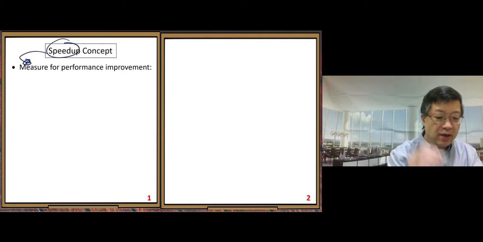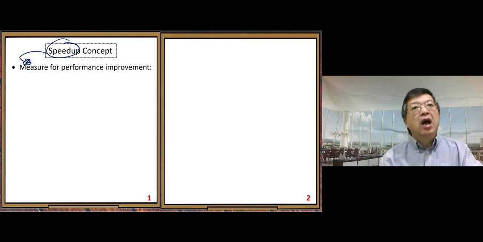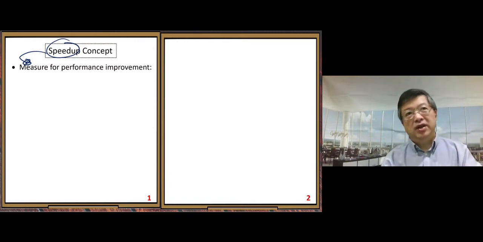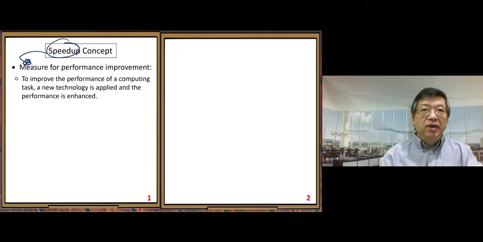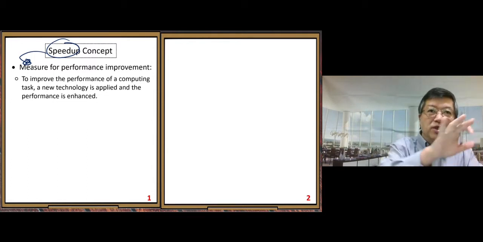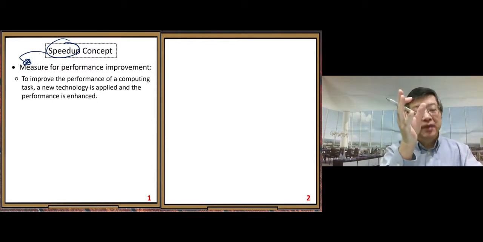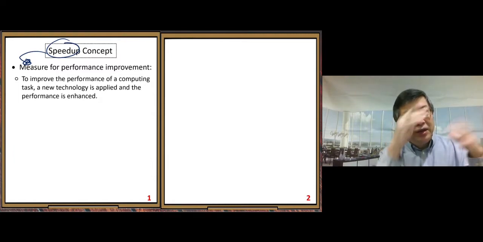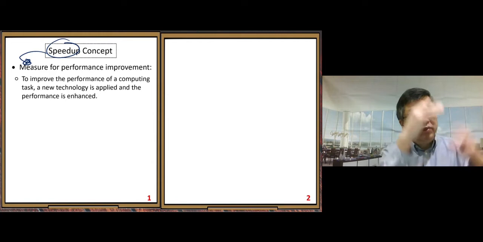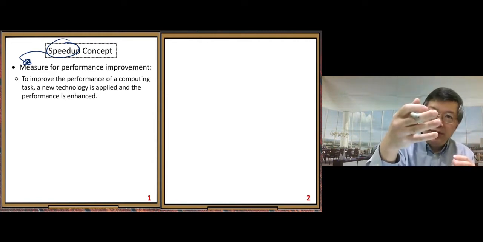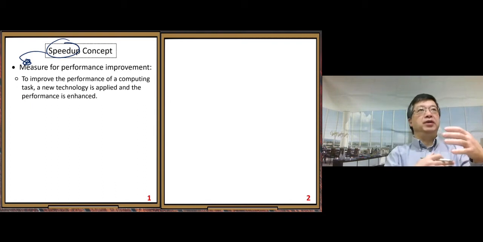Okay, the meaning. But next question is, how do we define this measure? To improve the performance of a computing task, a new technology is applied and the performance is enhanced. Now, definition. Because there are two different performance measures: before improvement, after improvement.